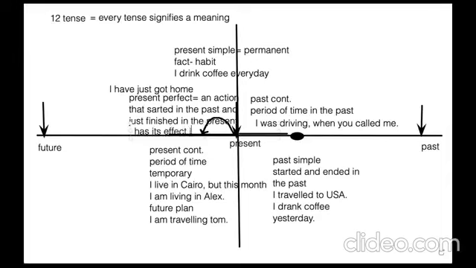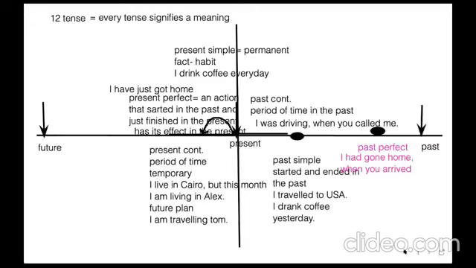For example, when you say, I had gone home when you arrived. All right? So going home happened first, and then arriving happened next, right? So these are the six tenses that we will take today.